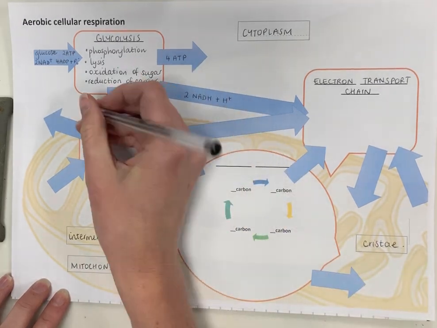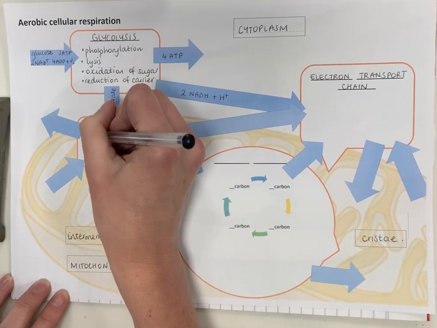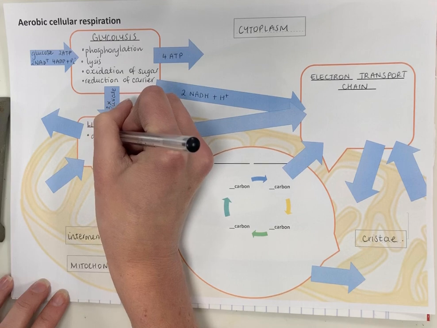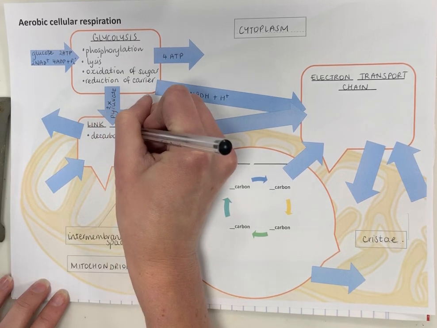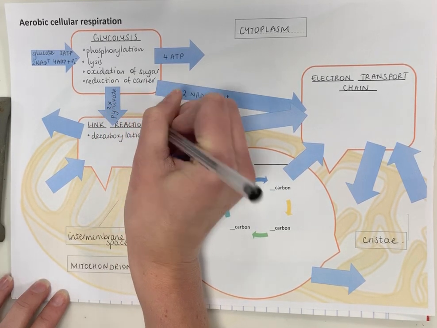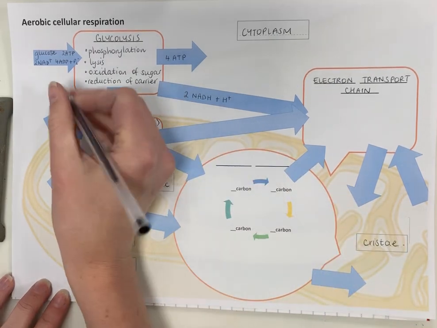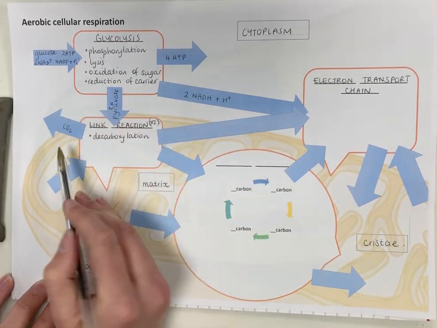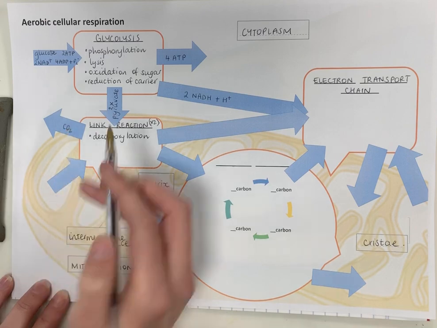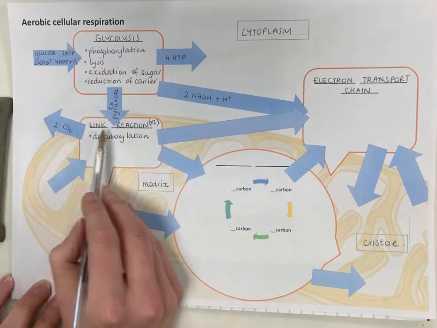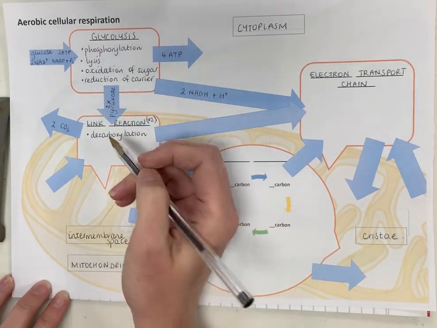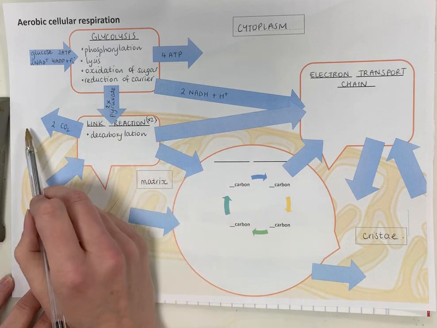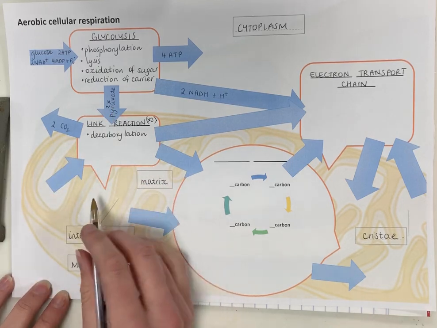So in the link reaction, we need to take our pyruvate and we need to decarboxylate it, which means we remove CO2. So carbon dioxide leaves. Now that's 1 for every pyruvate, or 2 pyruvate molecules, 1 glucose. So carbon dioxide leaves and that will diffuse out.